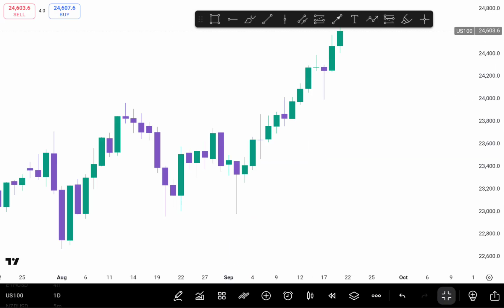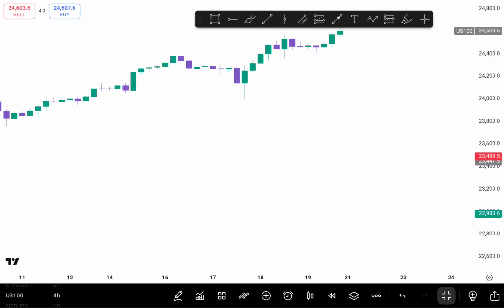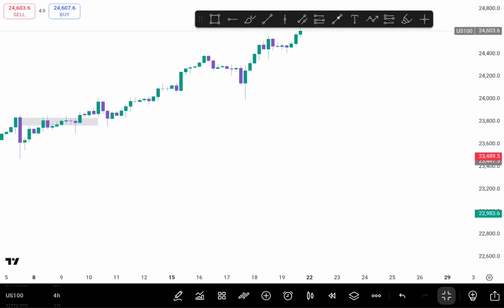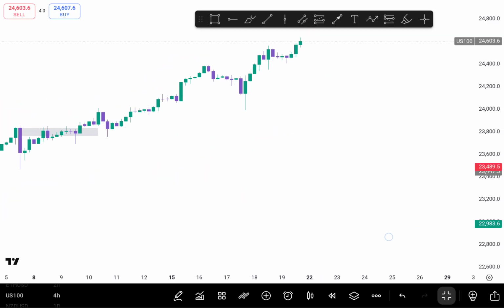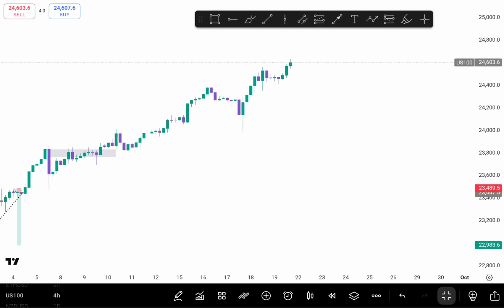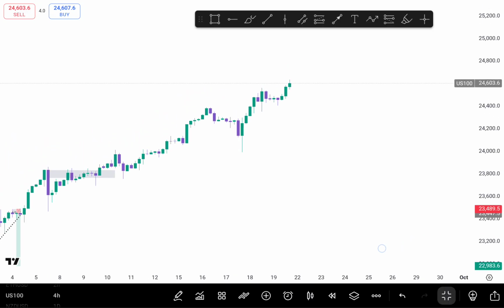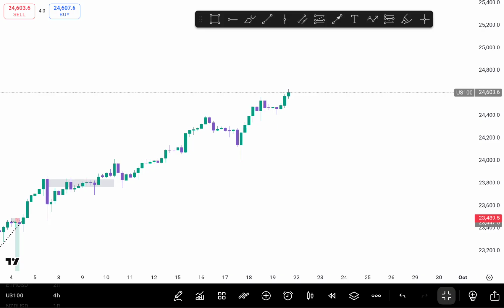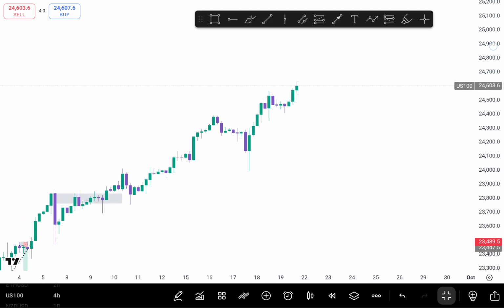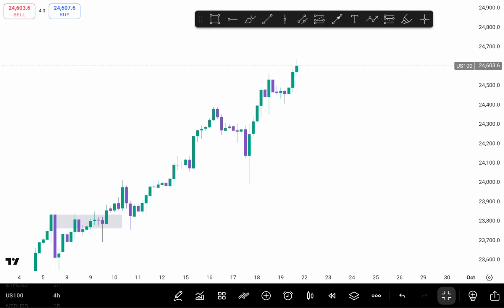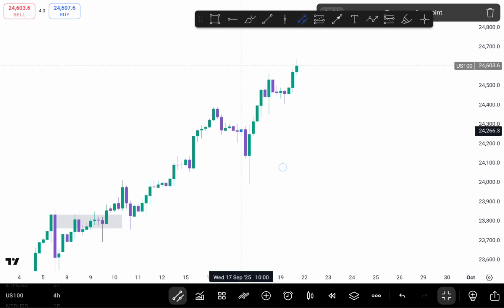And on the US 100 4 hours time frame, we have this fair value gap. Zooming out, we have this fair value gap sitting right here.